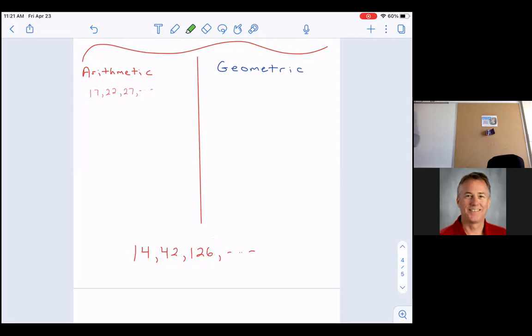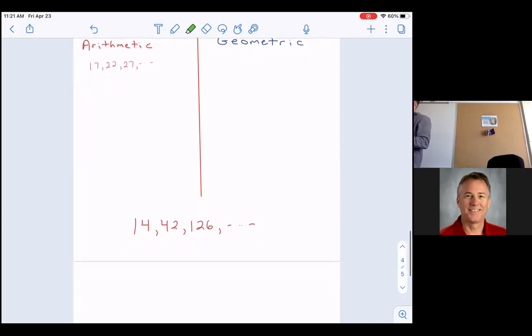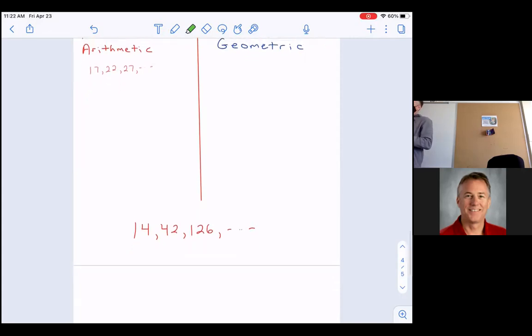So of course, then it's going to be geometric, but let me show you why. One way to figure that out is to ask, what do I multiply 14 by to make 42? Maybe I can't do that in my head. So what I'm going to do is divide them on my calculator.